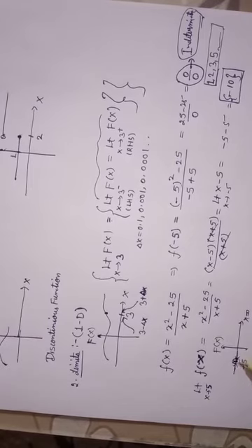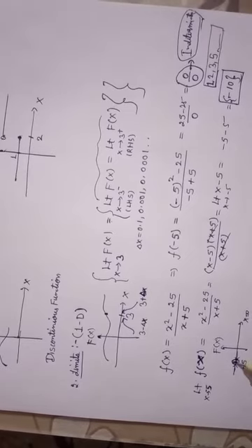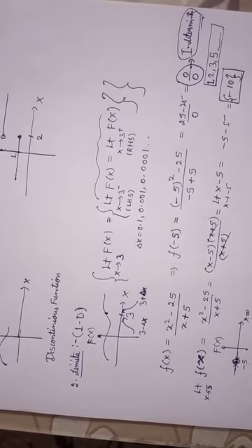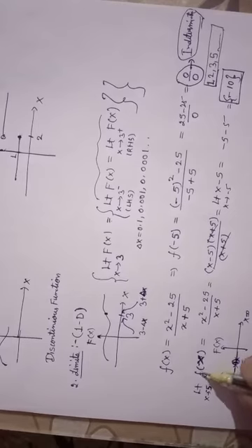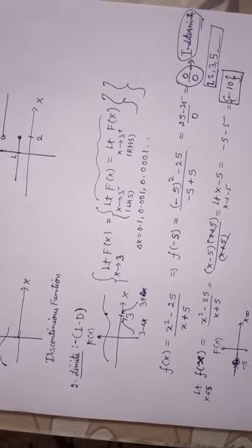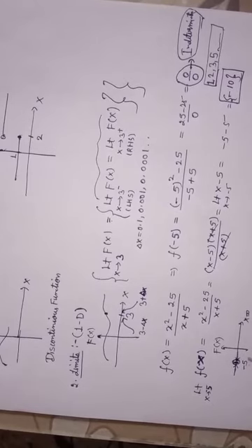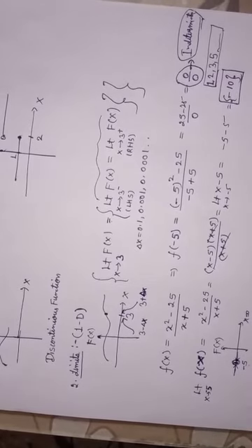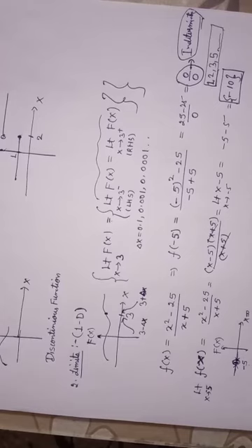We are not going to get the value of this function at f of minus 5, but we will get the value close to minus 5. So this is the concept of limit, which says that suppose you do not get the value at a particular point, you may get the value at the nearby point, and to get the value at the nearby point, the concept of limit is introduced.